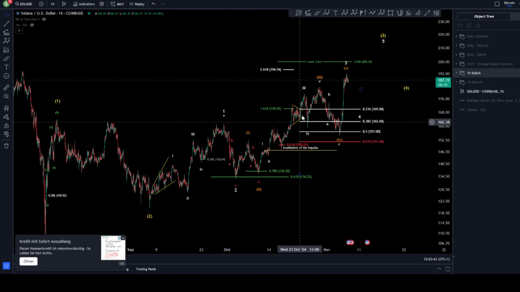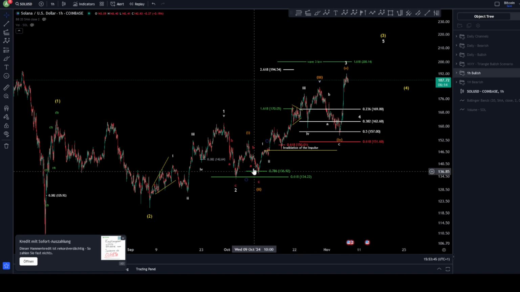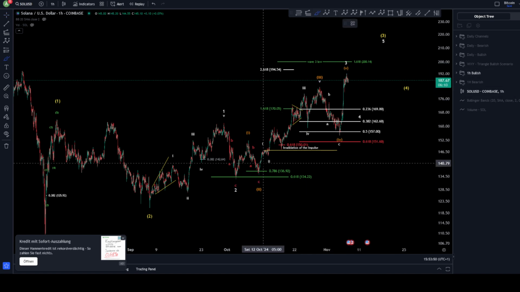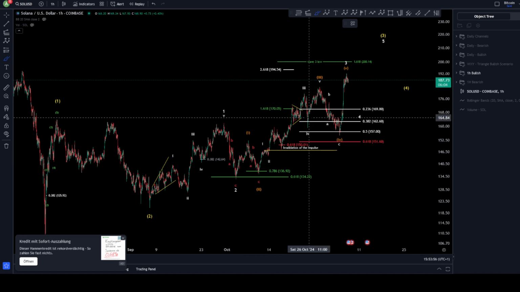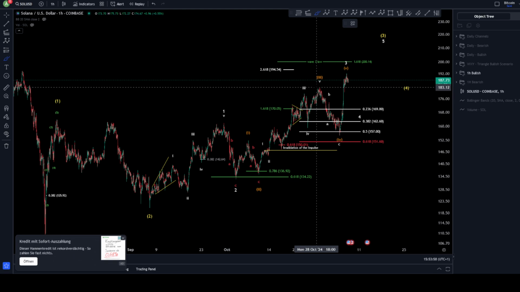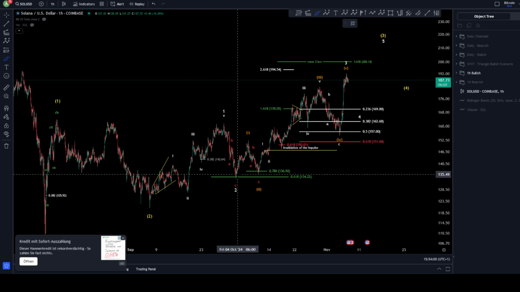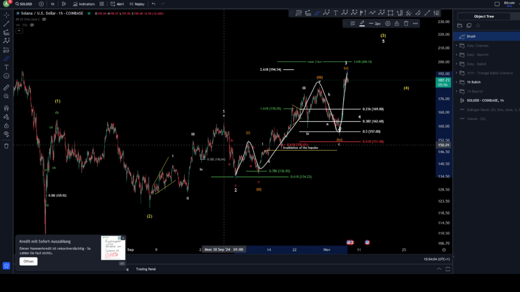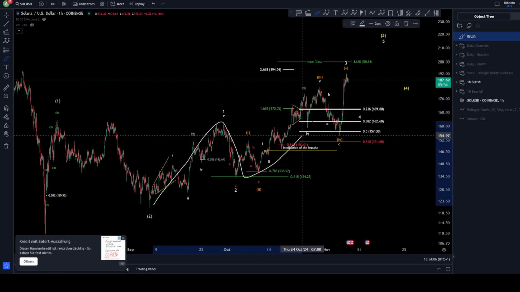Okay, a lot of counting here. I have to make this a little bit less. So 1, 2, 3, 4, 5. We finished inside this an impulse after a 1, 2 in orange. That's true. Sorry, 4, 5, and then of course a 1, 2, 3.